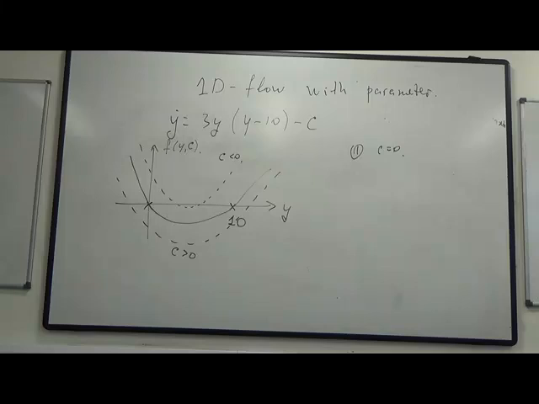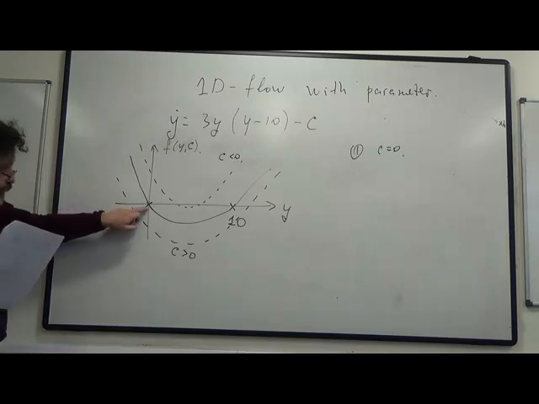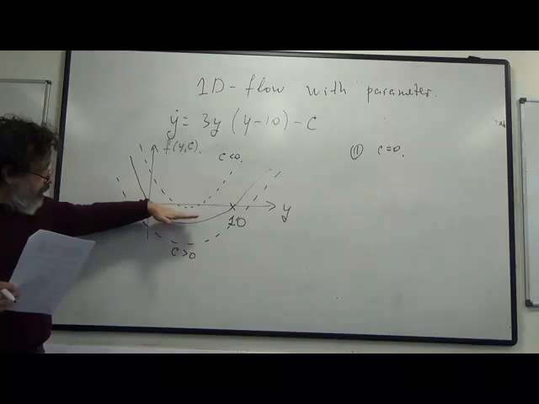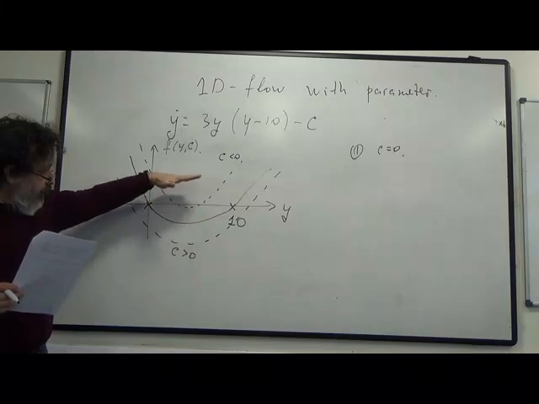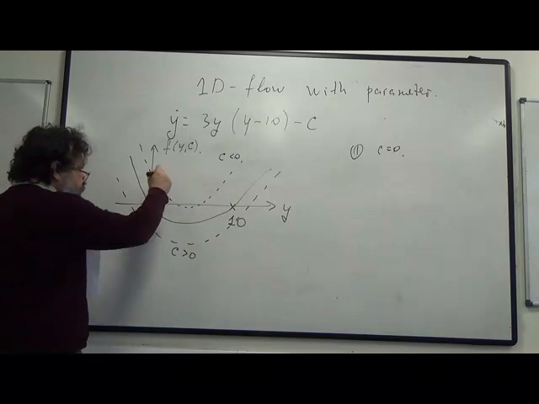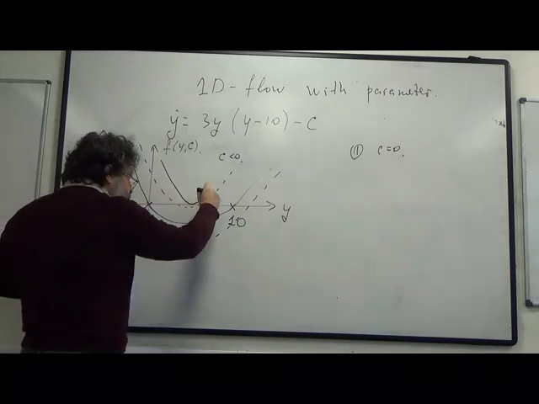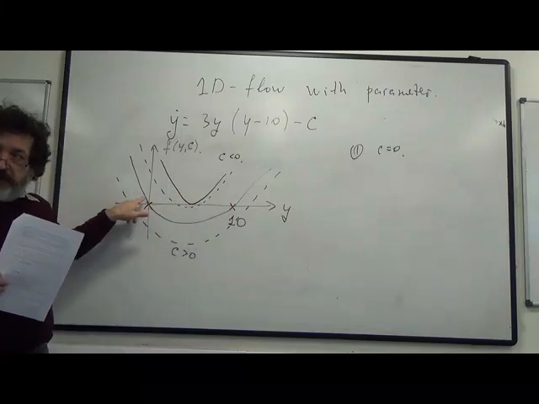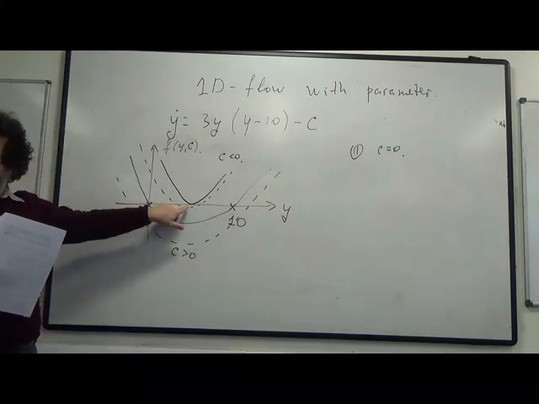And you can already see when we will have a bifurcation. We have two fixed points, this and this. If c is decreasing, this curve is going up, up, up, and at some point it will just touch. These two fixed points will merge at some value of c.